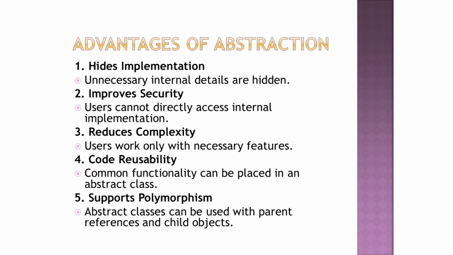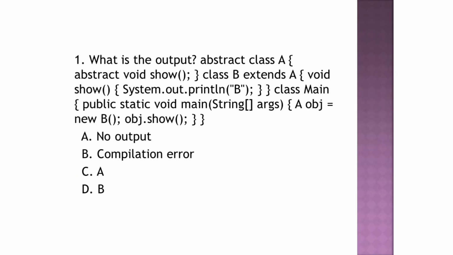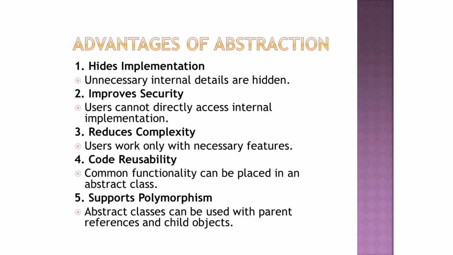Okay, everyone, with this, we have completed our topic abstraction and abstract class in Java. Today, we started with the meaning of abstraction and understood it using the ATM and food delivery example. Then we learned how Java achieves abstraction using abstract classes and interfaces.